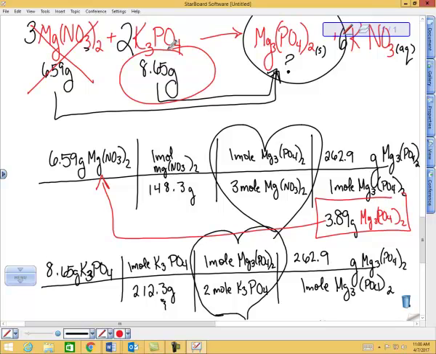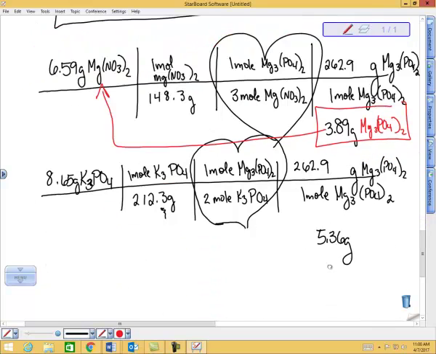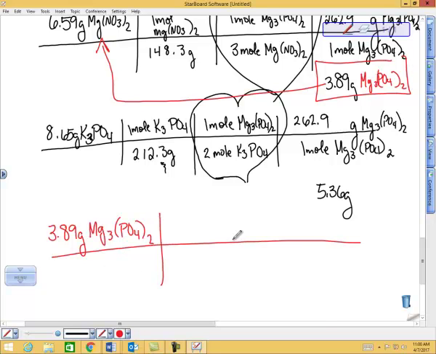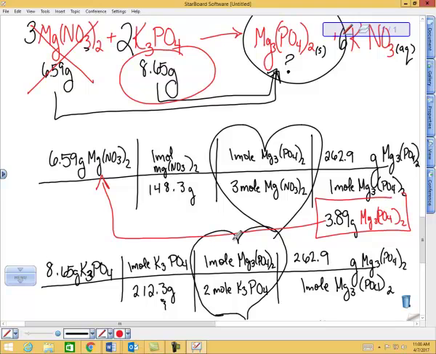So we're going to do a reverse reaction. I'm going to start with the 3.89 grams of Mg3(PO4)2.